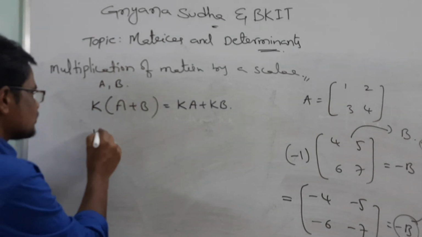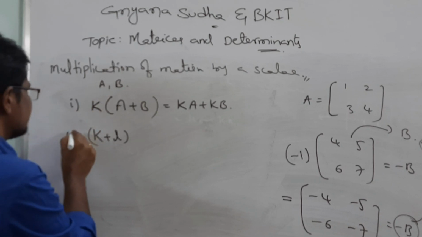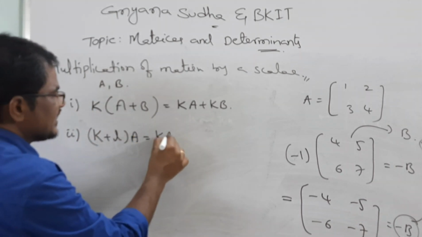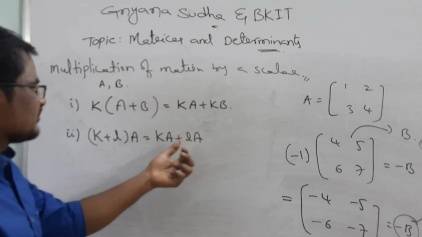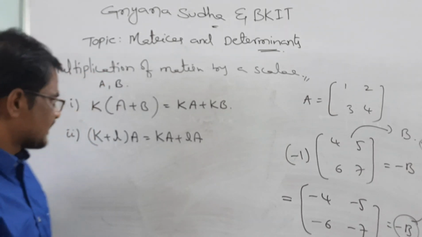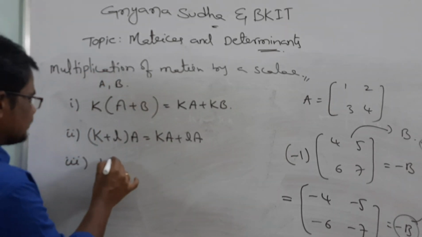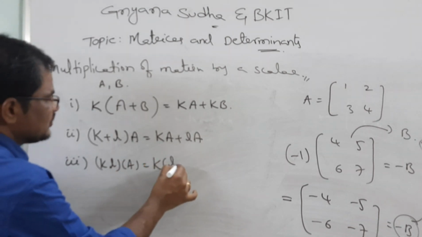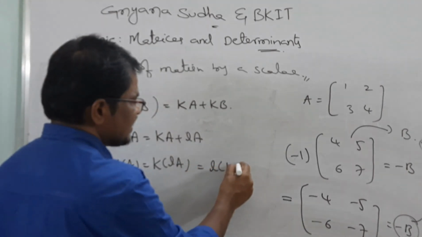Next, (K plus L) into A is the first one, and KA plus LA is the second, where K, L are scalars. Also, K into L into A can be written as K into (LA), or you can write L into (KA) also.